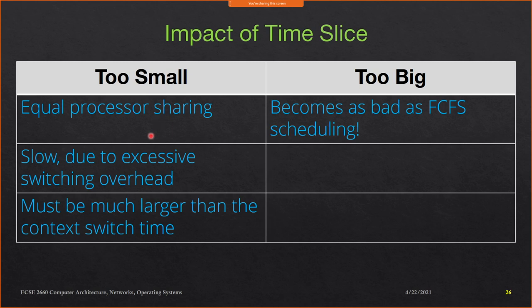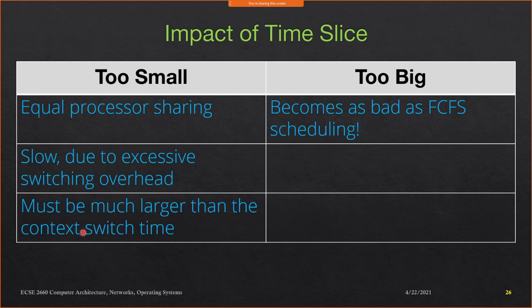So you're going to need to adjust your time slice such that it is small enough for this processor sharing, time sharing to happen, but it is also much larger than the context switch time, right?